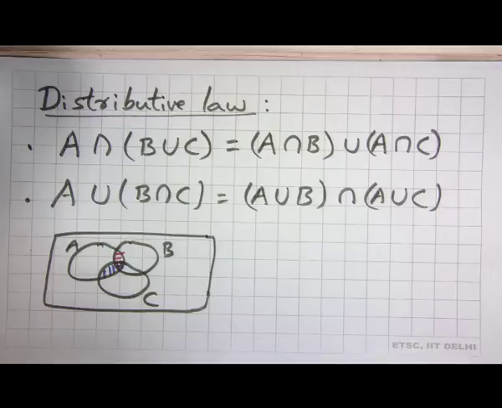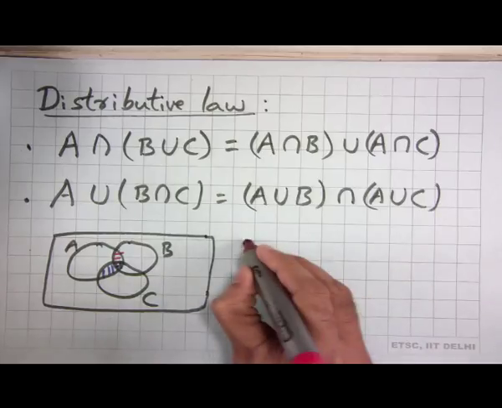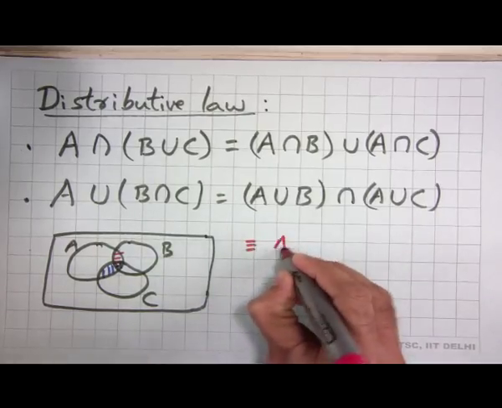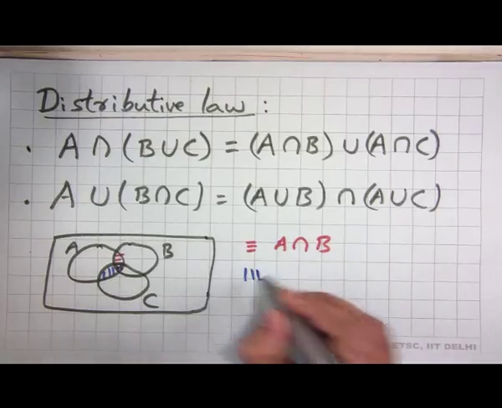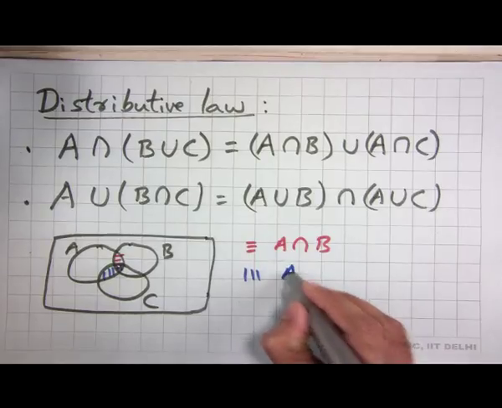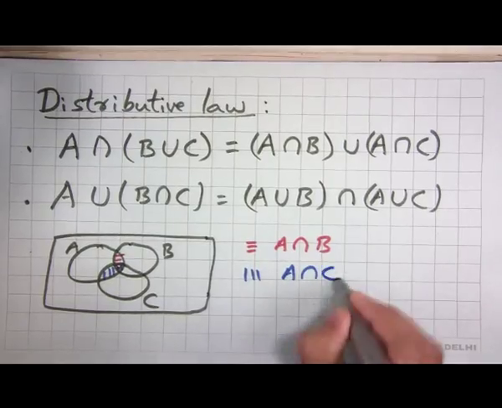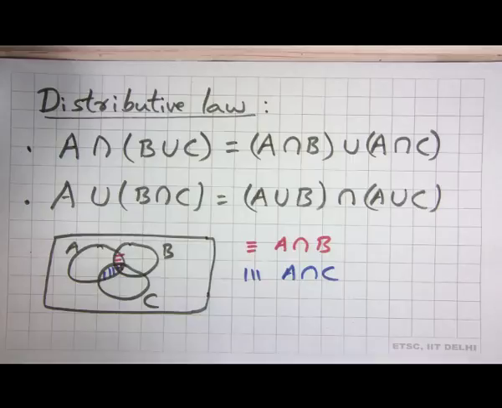If you take the union of these two, the red part is A intersected with B and the blue part is A intersected with C, and the union of these is exactly A intersected with B union C. Similarly, you can do it for the second one.